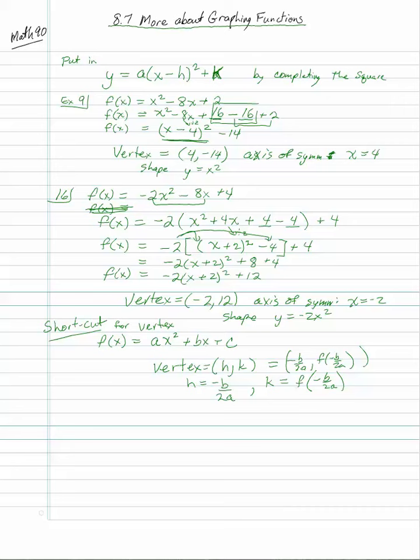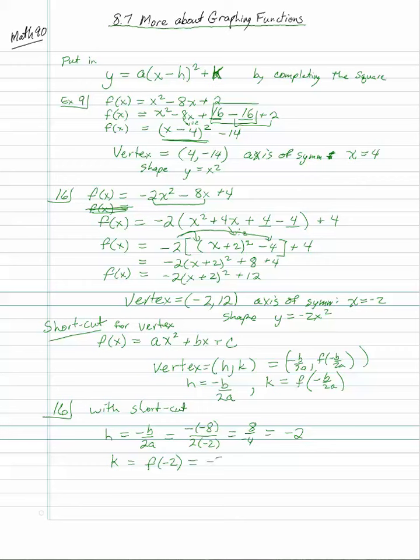Okay, let's try one of these. So let's look at 16. So h is going to be the opposite of b over 2a. Let's see, b is negative 8, so the opposite is 8 over 2 times negative 2. So that's going to give me 8 over negative 4, which is negative 2. And k is going to be equal to f of negative 2.